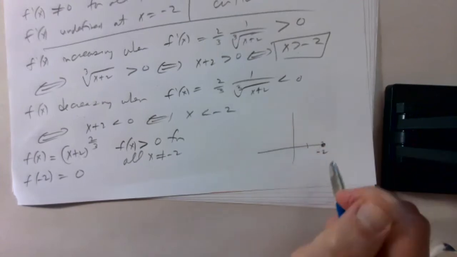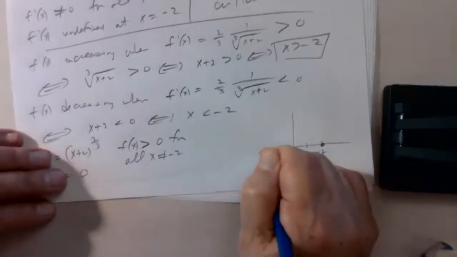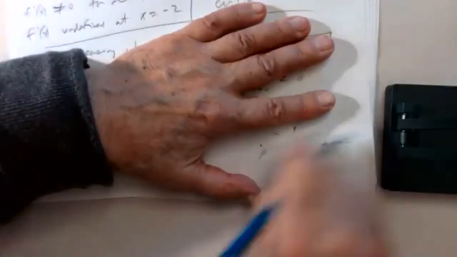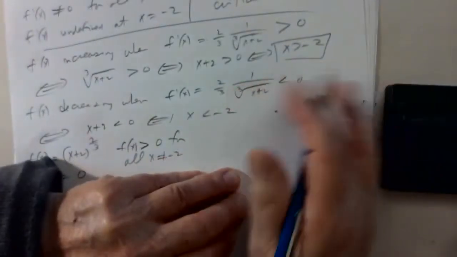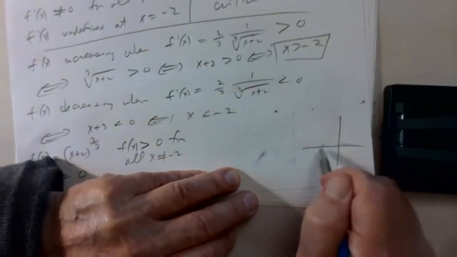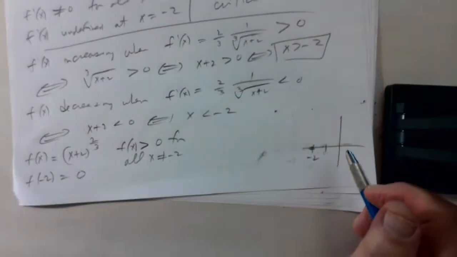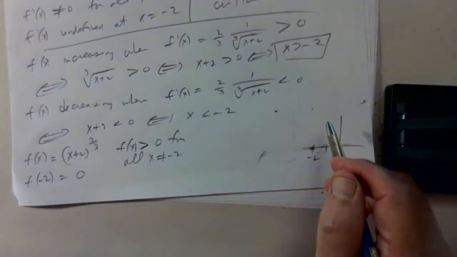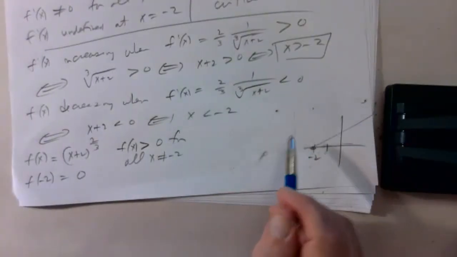At -2, the value of the function is 0. For x bigger than -2, the function is increasing. For x less than -2, the function is decreasing.